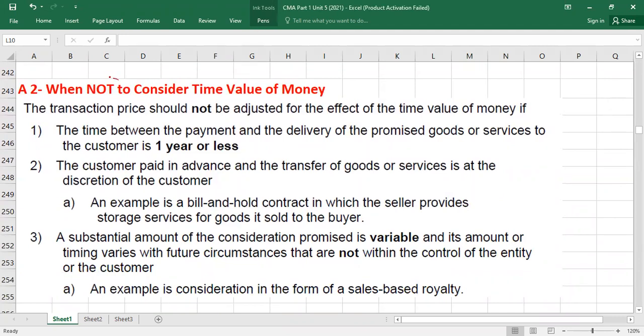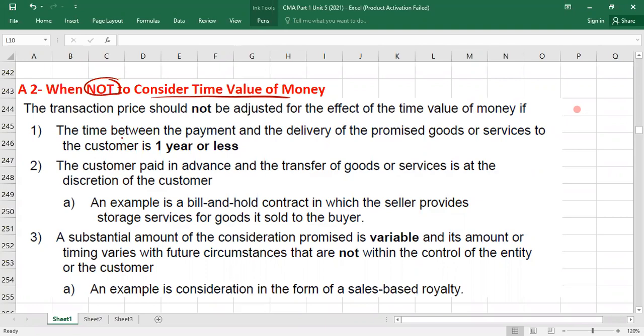When not to consider time value of money. So 3 points we have to understand. You do not need to calculate any present values, and you do not need to calculate interest expense or interest income, in the following conditions.